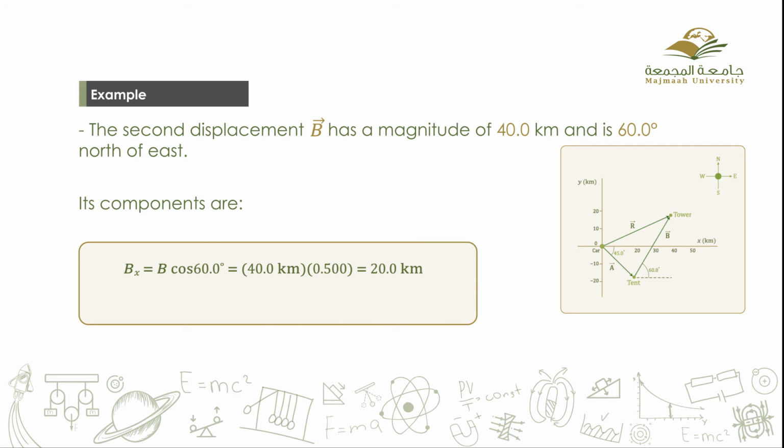Bx will be B cosine 60, which results in 40 multiplied by half, which is 20 kilometers, and By will be B sine 60, which is 40 multiplied by 0.866, which results in 34.6 kilometers. By that we finished the first requirement.